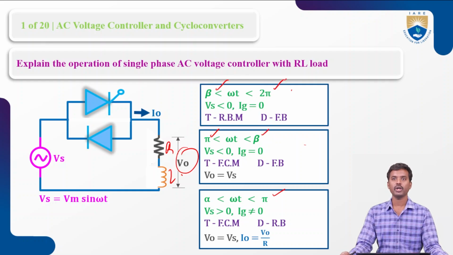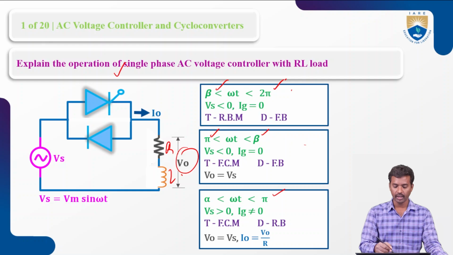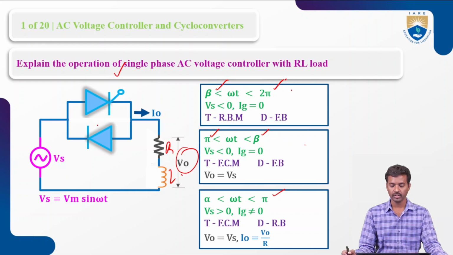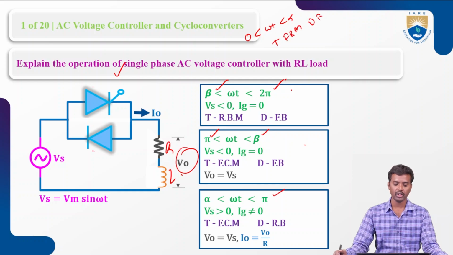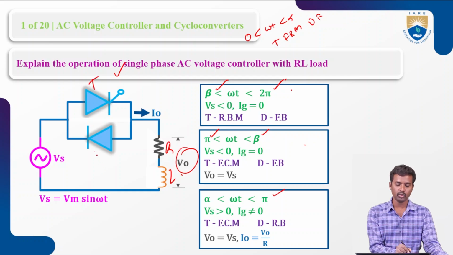First, from alpha to pi, the thyristor is in forward conducting mode and the diode is in reverse bias. Next, pi to beta. First, from 0 to omega t equals alpha, the thyristor is in forward blocking mode and the diode is in reverse bias.